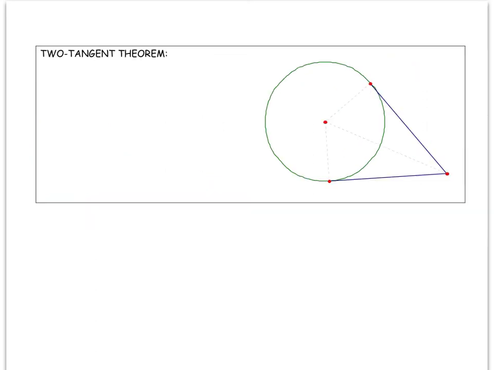Okay, and the last theorem that we have is called the two-tangent theorem. So this says if I have two tangent segments here, so let's call them AB and BC.